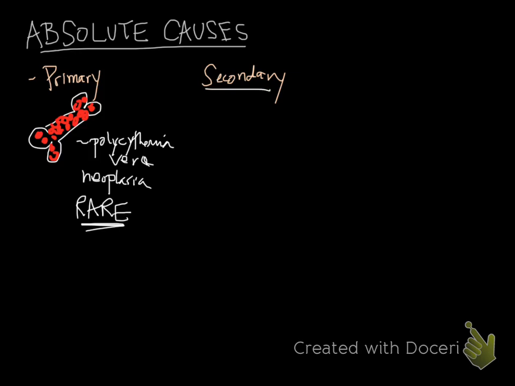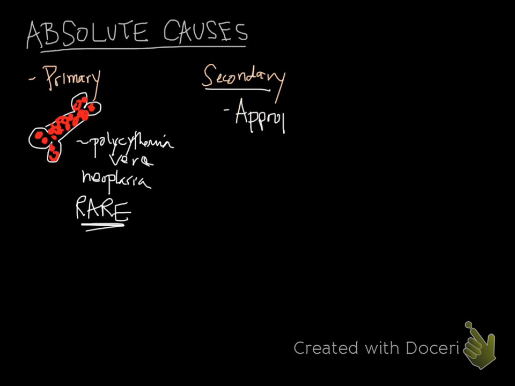Secondary causes, on the other hand, are more common, but relative causes of polycythemia are still the most common. So let's go through some secondary causes just so you know them. Secondary causes are broken down into appropriate and inappropriate.